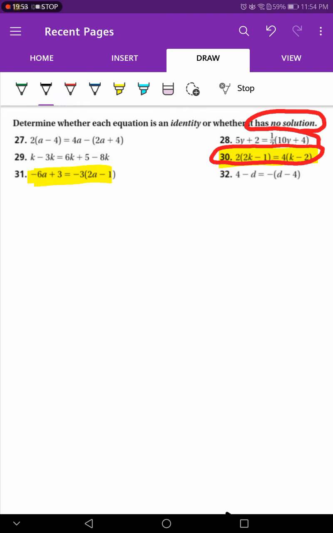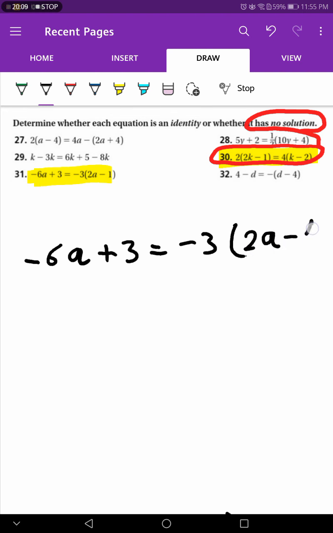I will not take a long time of yours. Negative 6a plus 3 equal negative 3 multiplied by the difference of 2a and 1.